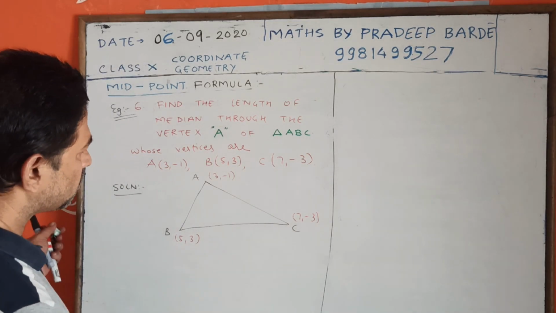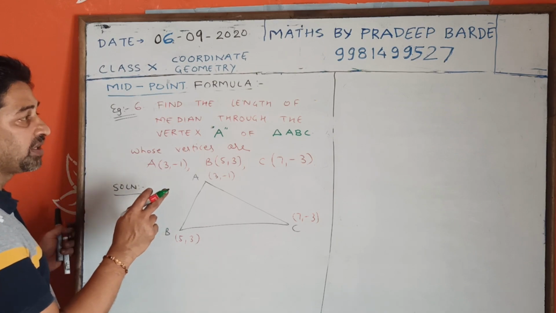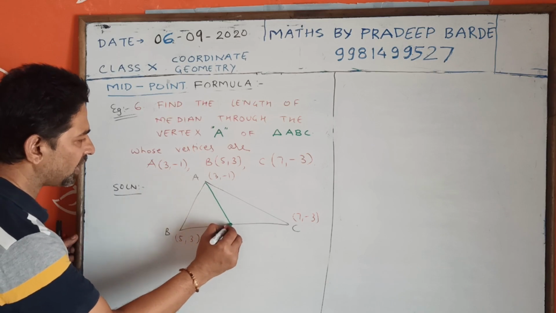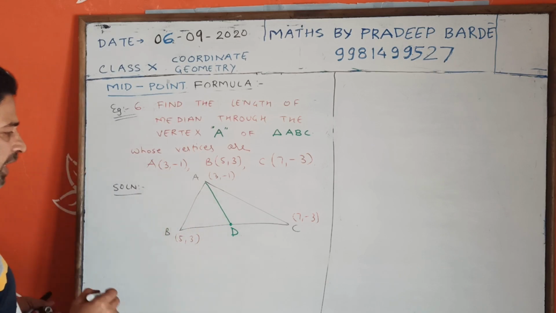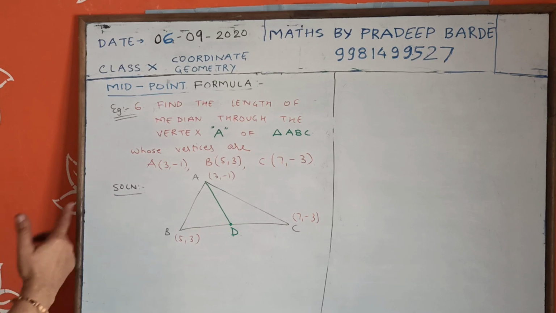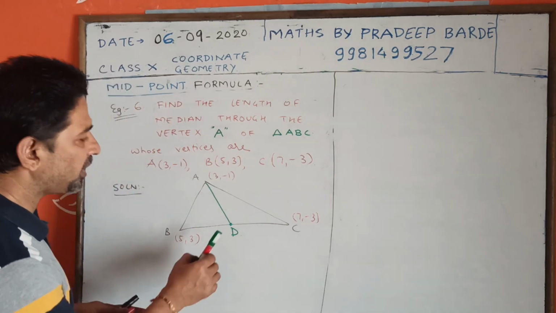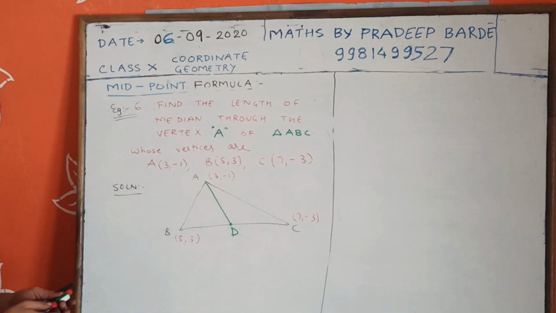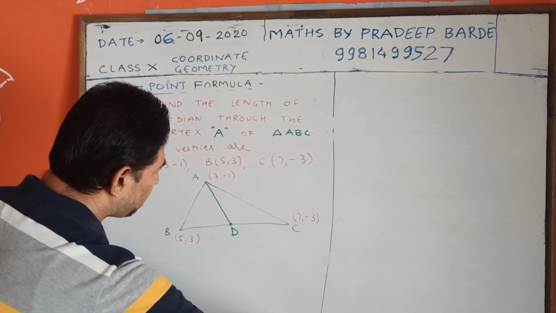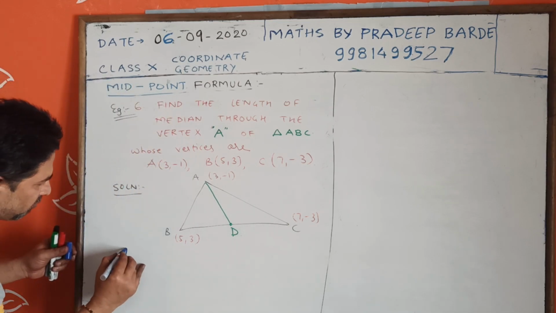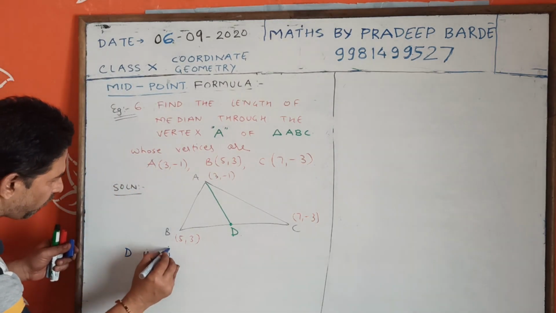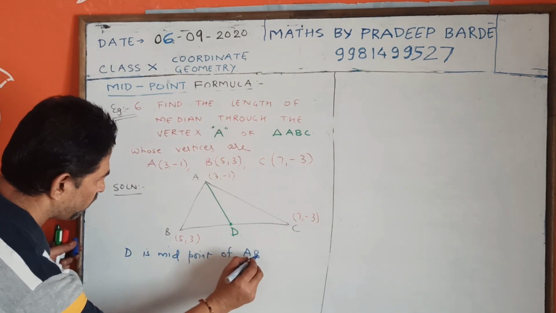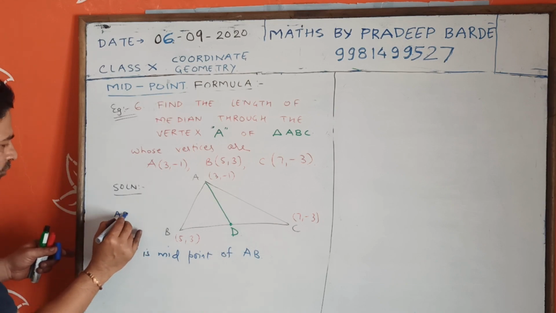Students, in this question we will be having 3 medians, लेकिन आपको सिर्फ एक मीडियन की लेंथ निकालना है, वो है AD. बाकी दो अपन अभी डिस्कस करेंगे. तो मीडियन, as we have discussed, that D is midpoint of AB. AD is median.